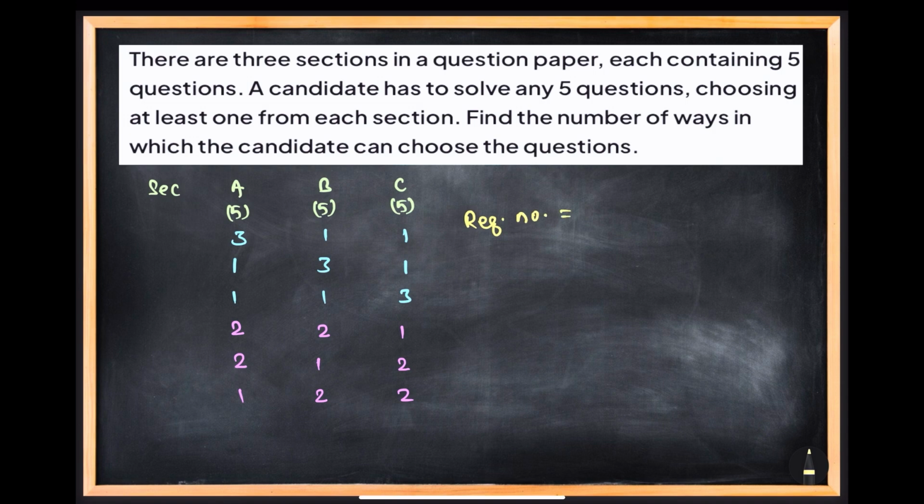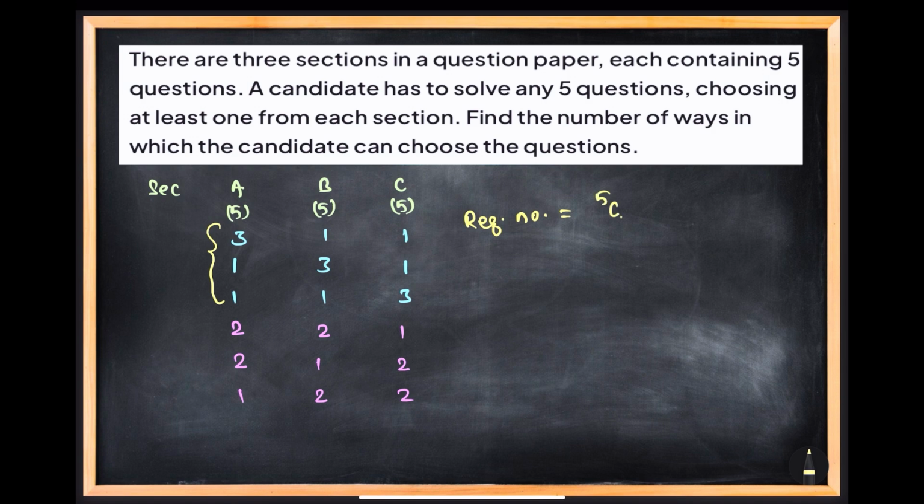First, you know that in these three cases, the number of questions is the same and the selection is also the same, so we will have the same result in all 3 cases, so we will multiply by 3.